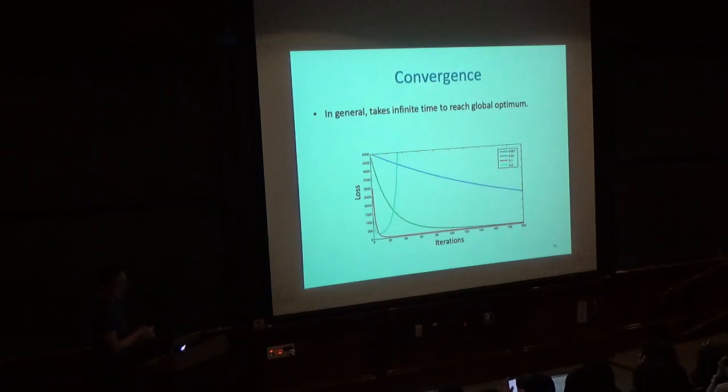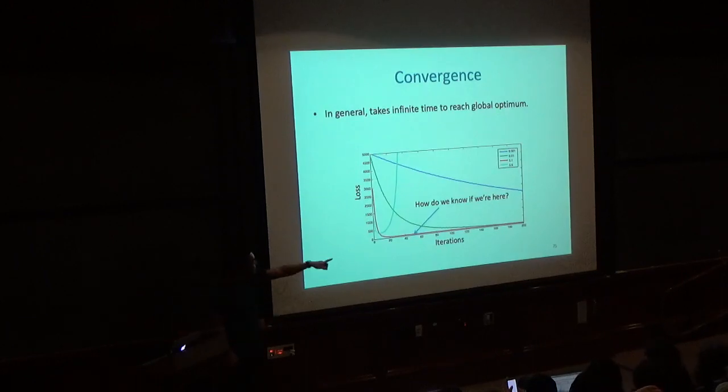As I talked about before, in general, if you want to truly reach the exact global optimum, it takes infinite time. But machine learning is used in practice not because you can learn everything perfectly, but because you learn it well enough to be useful. So what we really care about is not reaching exactly zero loss in the infinite limit.